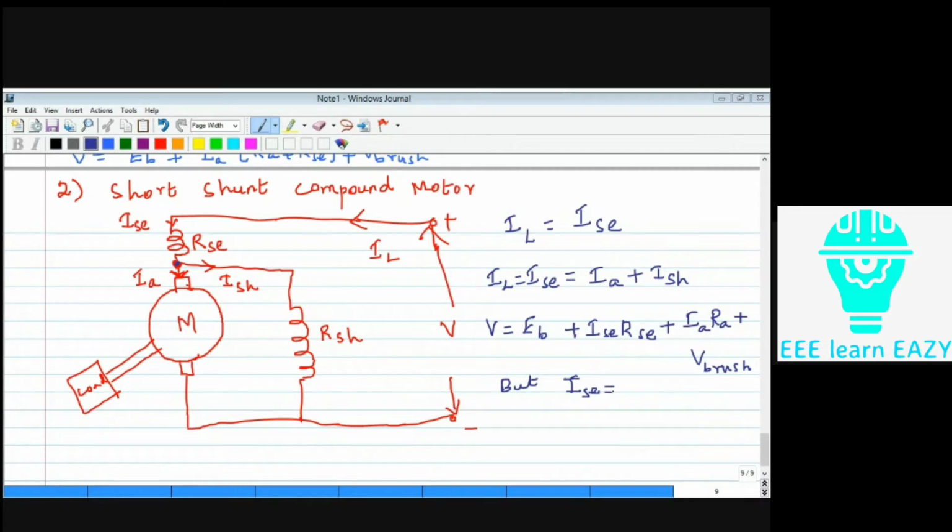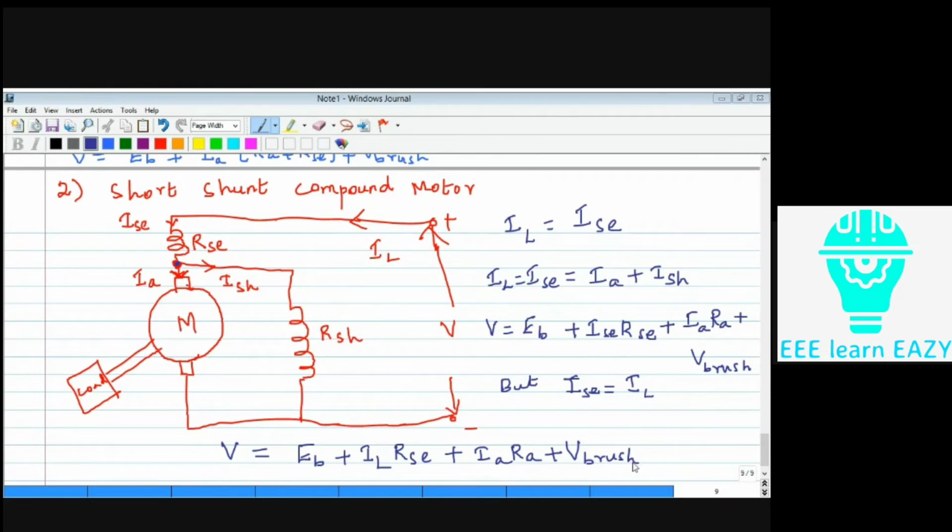The series current is equal to the line current as per the connection we are using in short shunt compound motor. Therefore, we can also write V is equal to EB plus IL R series plus IARA plus brush contact drop V brush.